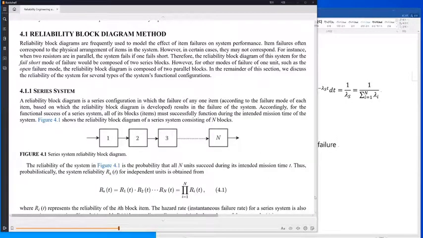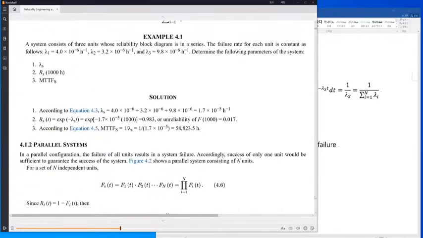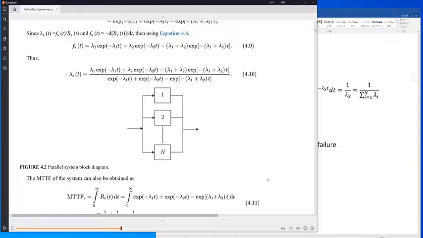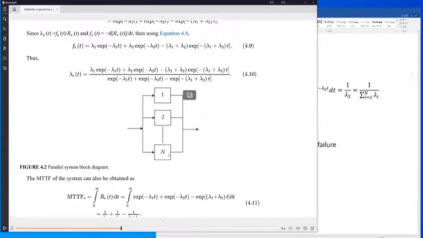So let's first see the figure for the parallel system. If there are n components, and if any of the n components performs its intended function, then the system is also okay. The system is also able to perform its intended function.